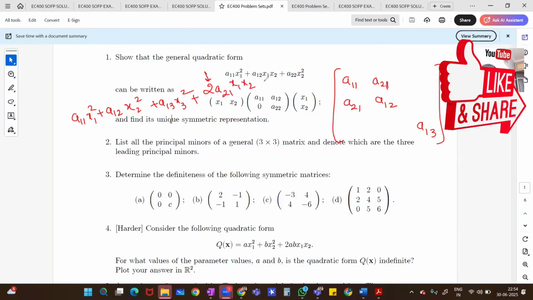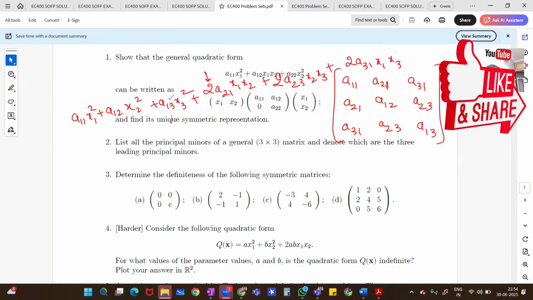Then I'm going to have A23 x2 x3, doubled. Then you can have A13 or A31 x3 x1.